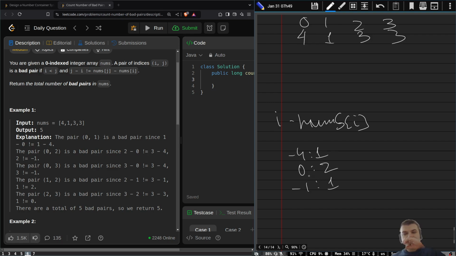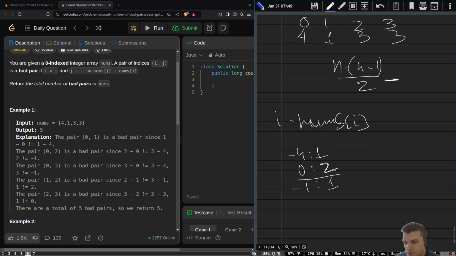For the total combinations, I have n multiplied by n minus 1 over 2, and then minus the number of good pairs.